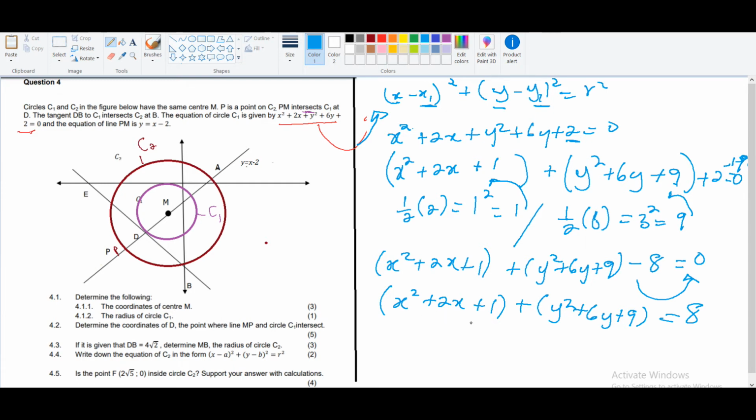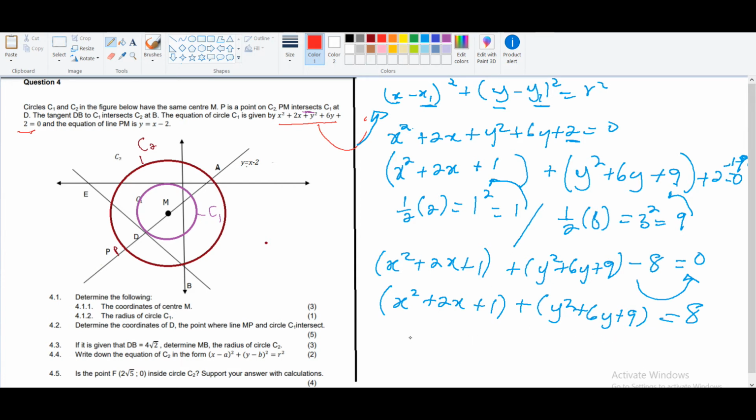If you are unable to factorize, you can take this part alone and that part alone, equate each to 0 and solve for those terms and find the values of x1 and y1.